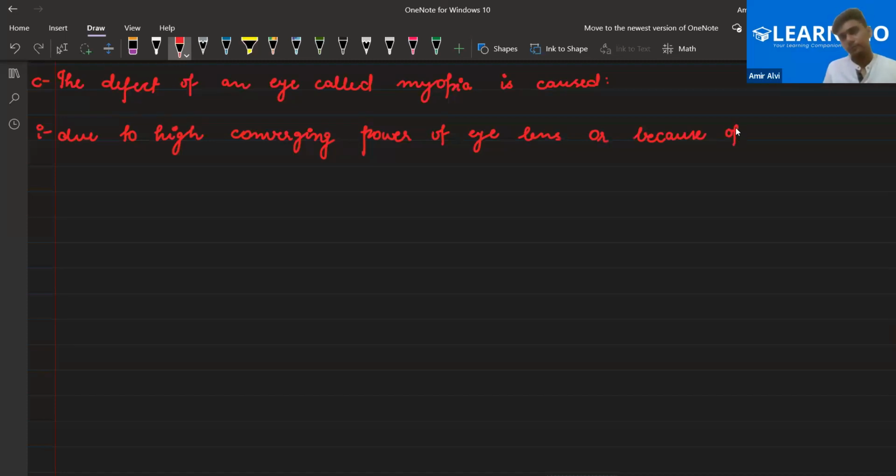This is because of its shorter focal length.